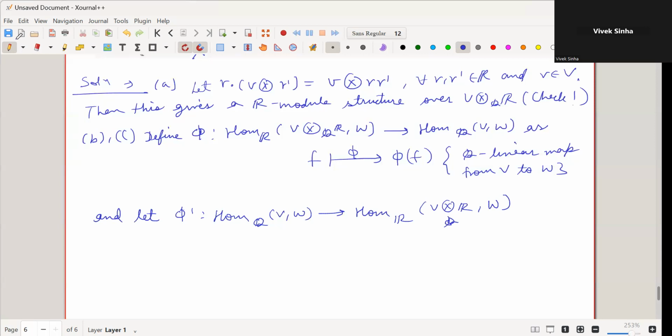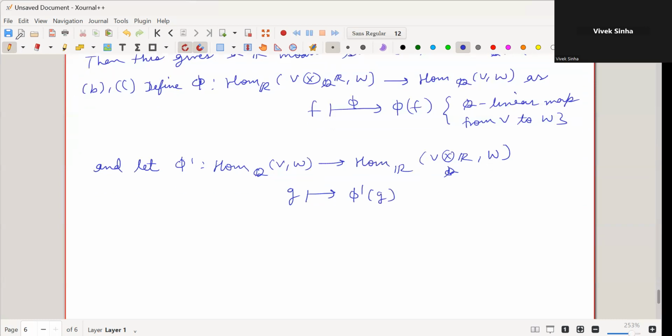How will we define it? So g will be mapped to phi prime of g, which is nothing but small g tensor identity of R. So g is a linear map from V to W, and then you are sending it to g tensor identity of R. So g will be sending the elements of V to W. How will it act?